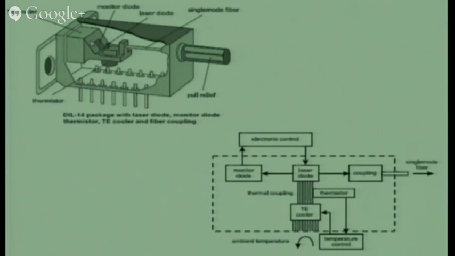That means if temperature changes to a higher side, I must look for a cooling setup wherein I can cool the junction itself. A Peltier cooling setup one can look for. Such a device is available. Depending on the price one can look for it. Then the circuit to drive this laser looks like this: you have the coupling to the single mode fiber, you have a thermistor, then you have a temperature control system, and because I want a constant temperature, I must look for a cooler that cools the laser diode.